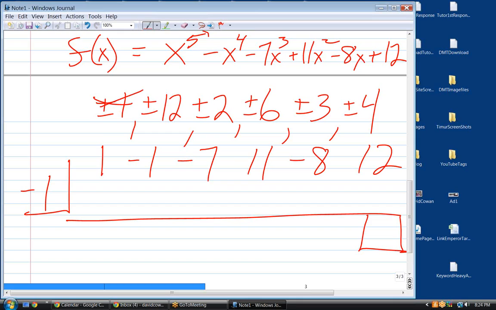If that's a solution, I'll get a 0 here. Furthermore, the string of numbers that shows up down there is my second factor. It'll be x to the 4th something. In other words, we're not only synthetically substituting to see if minus 1 is a solution, we're actually synthetically dividing, and if it is a solution, it'll produce a 0 along with the other factor.